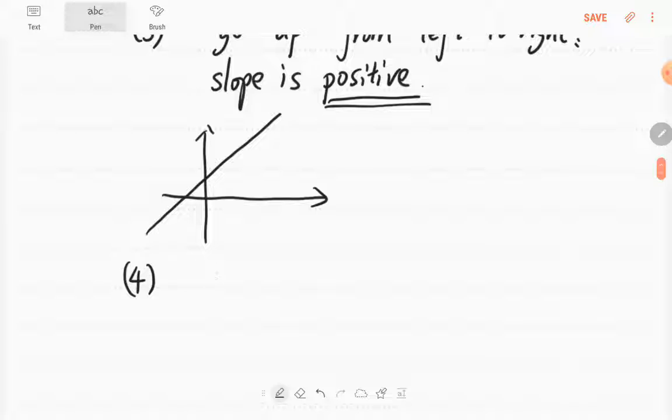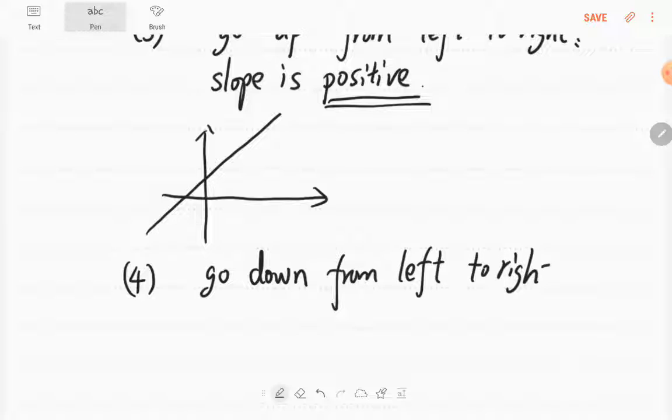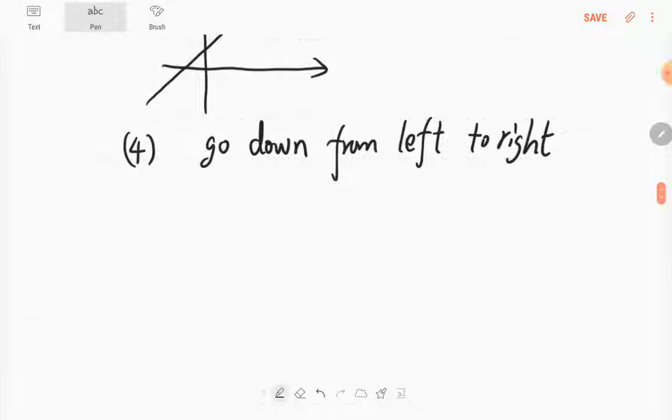If a line goes down from left to right, then for this case the slope is negative.